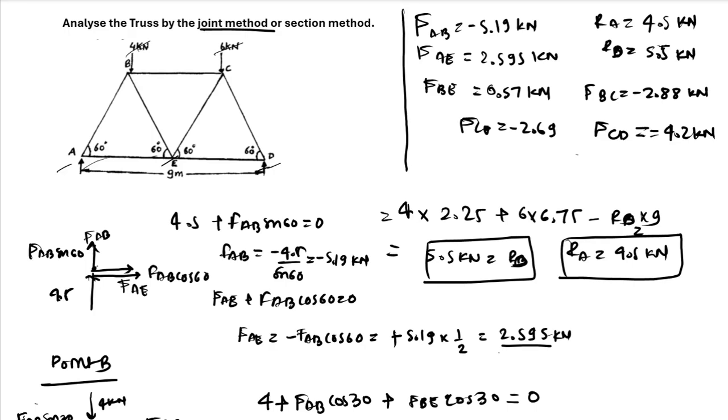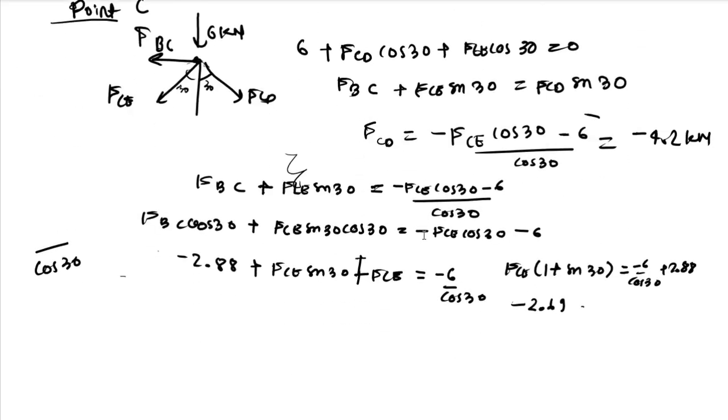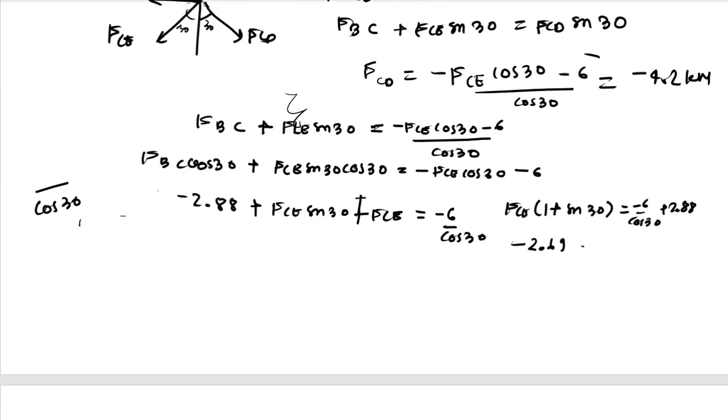Okay, so we only want the value for FED now because we have all the other forces. So let us see how we can calculate the value of ED also. We have an equation at point E, so let us apply it at the point E now.